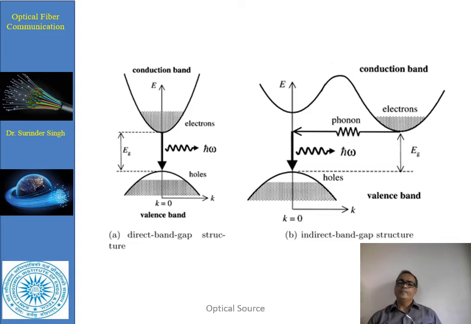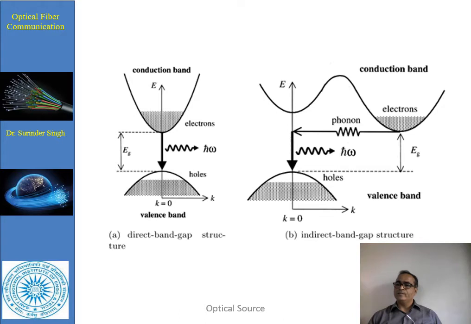Now here, the transition of an electron from the conduction band to the valence band is only possible with an external amount of energy required in order to conserve the momentum. So this amount of phonon energy is required in order for recombination of electrons and holes to take place.